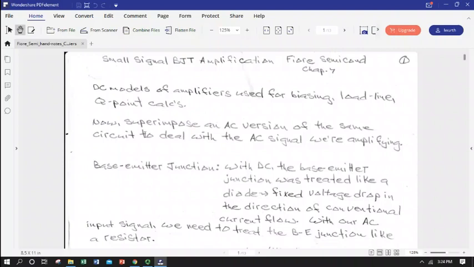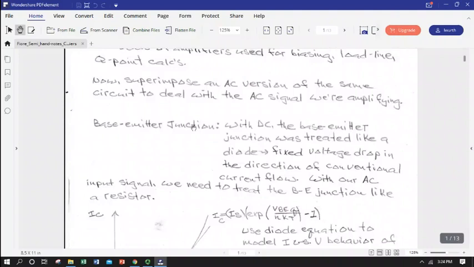Then we're going to superimpose that on the DC and actually use that model to go through some simple Kirchhoff's voltage law loops and define our gains and our input and output impedance for different common configurations.